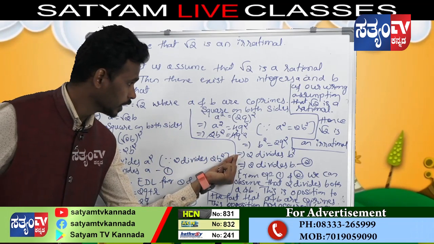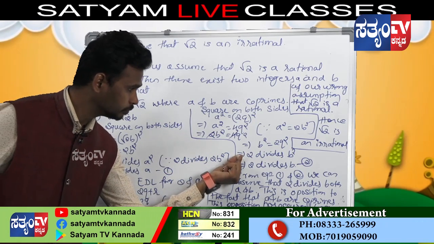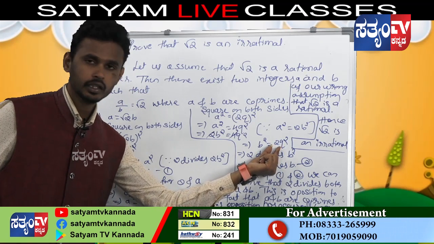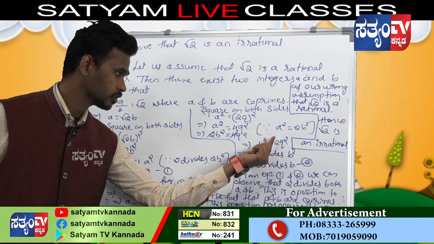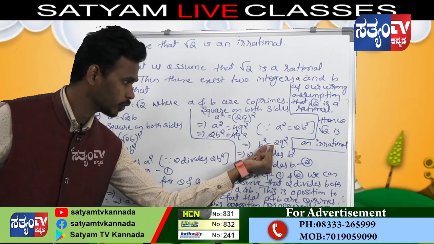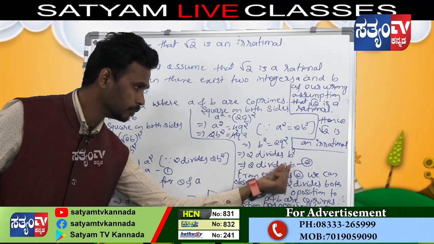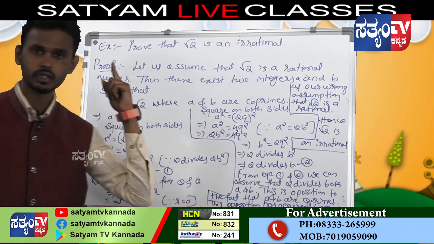So 2 divides b square, as 2q square is a multiple of 2. Since it is an equality, 2 also divides b square. Therefore 2 divides b also. Let us take this as equation 2.